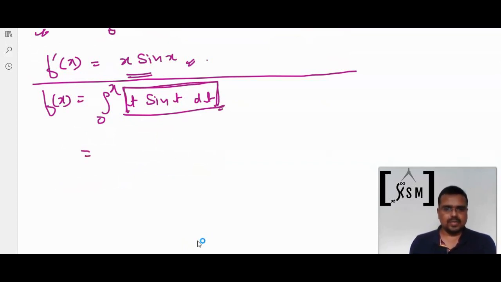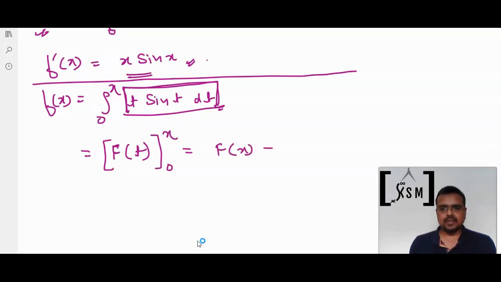It must have some integration, and that integration would be in terms of F of t, right? After we integrate, we apply the limits. So when we apply the limits, what do we get? In place of t, we replace x, correct? So we get F of x minus F of 0. So that is my f of x value. So this is my question right now.